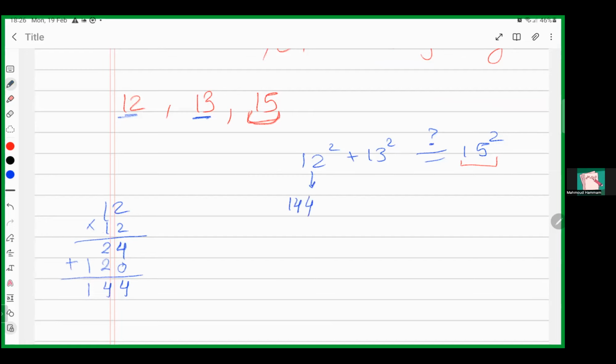The same thing I should do with 13 power 2. So 13 times 13. Multiply. 3 times 3, 9. 3 times 1, 3.